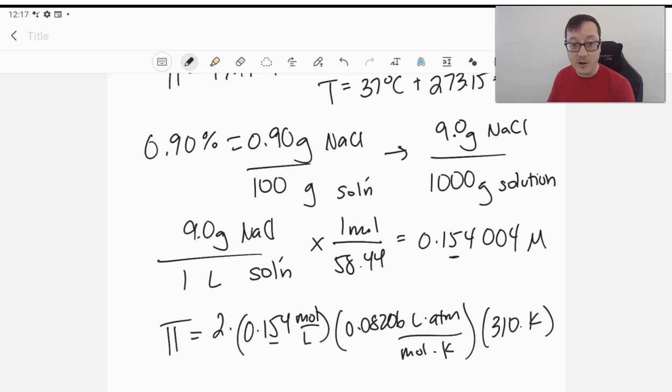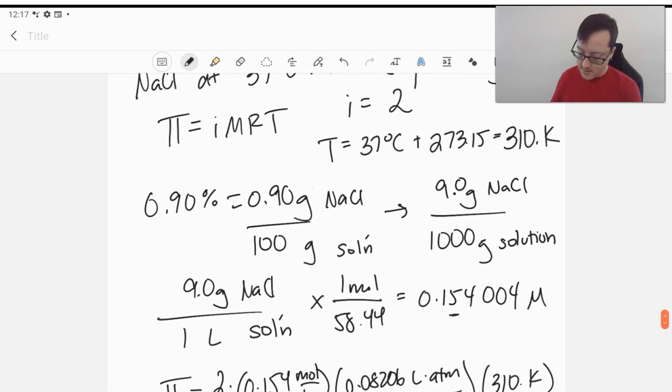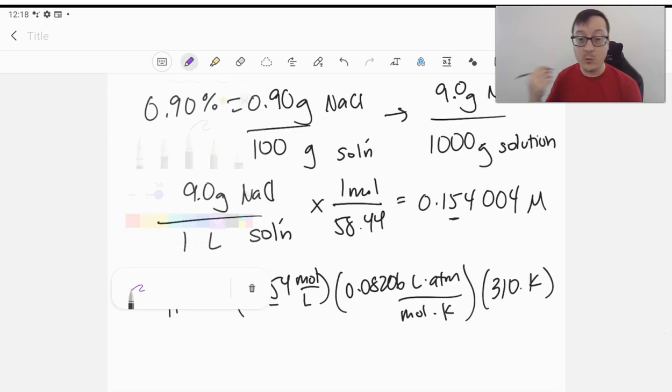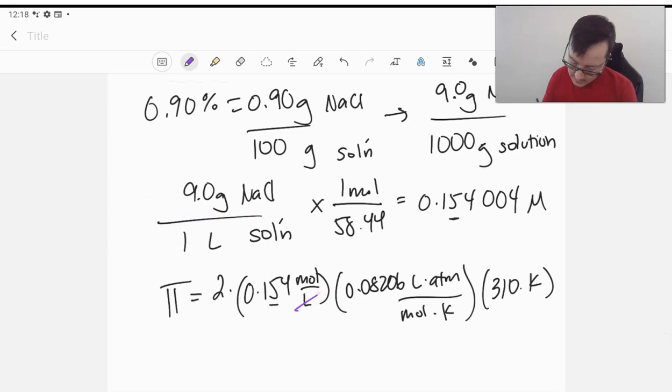That's all the stuff from our equation, iMRT. Let's check our units to see what the unit of our final answer will be. Moles cancels, Kelvin cancels. We're left with atmospheres, which is a unit of pressure, and that makes sense for us.